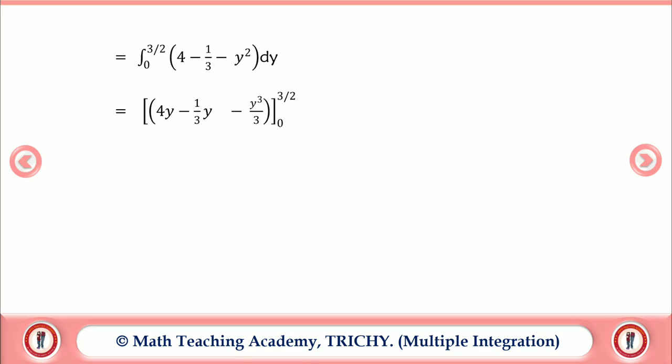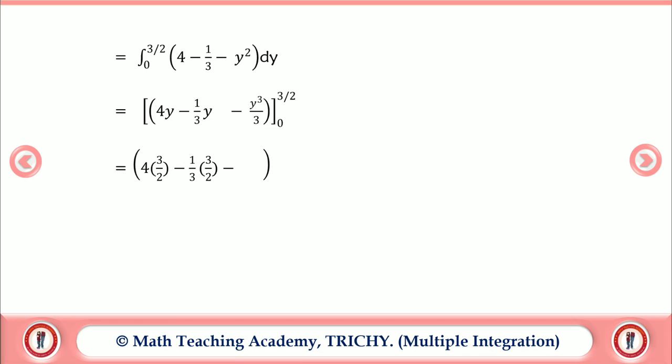Now integrate with respect to y. 4 into dy gives 4y, minus 1 by 3 into dy gives 1 by 3 y, minus y squared into dy gives y cubed by 3, and then apply the limits 0 to 3 by 2. First apply 3 by 2 in place of y, and then subtract the lower limit in place of y.